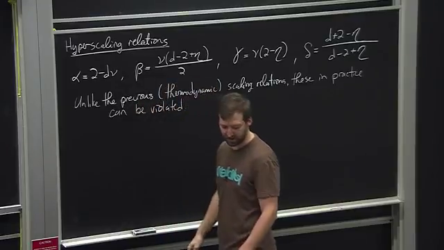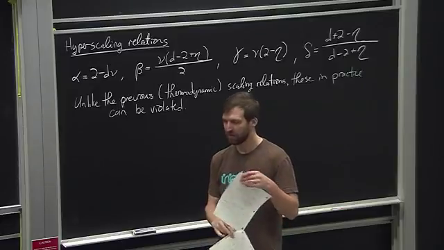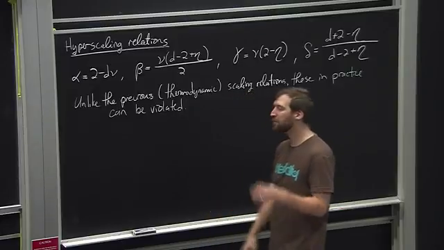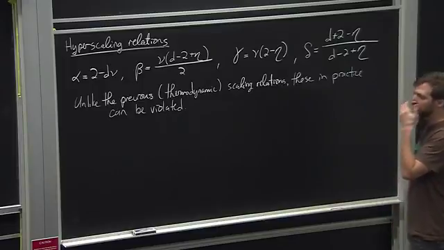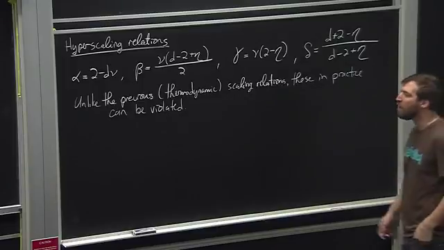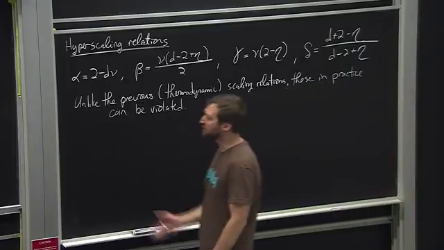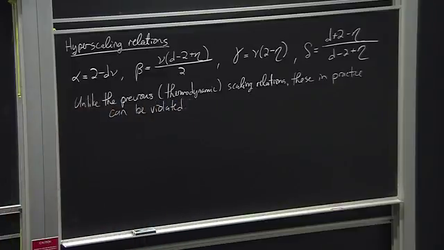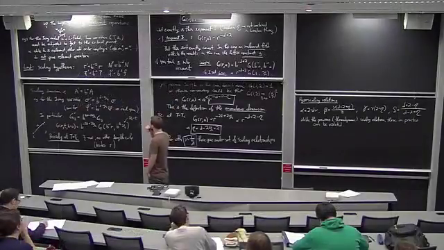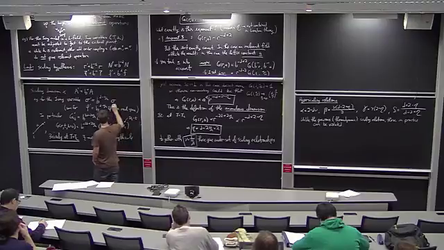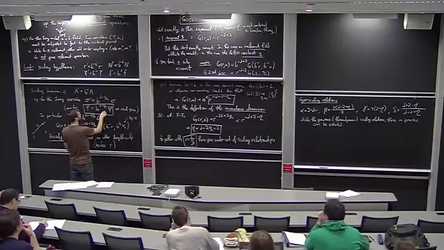And I won't talk too much about the violations, but usually they correspond to some interesting physics. Okay, so that's the anomalous dimension. We're going to need the scaling dimension of the field here soon.